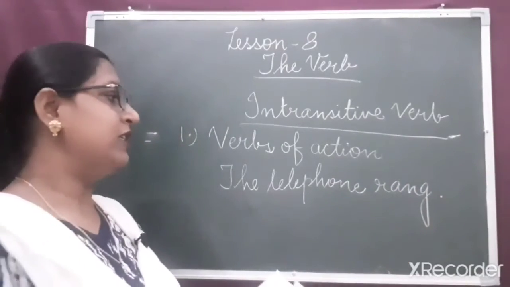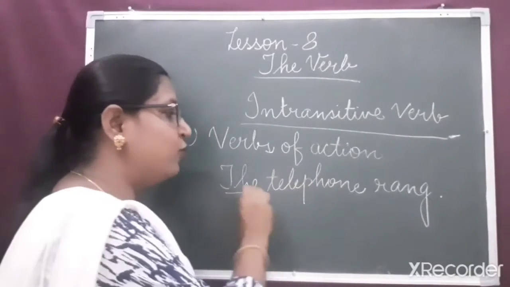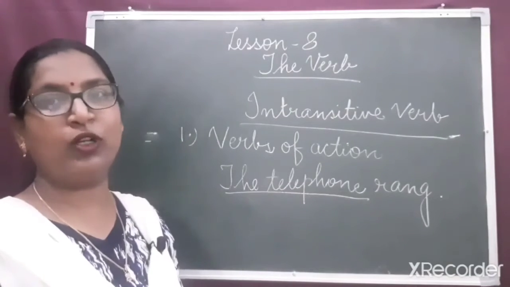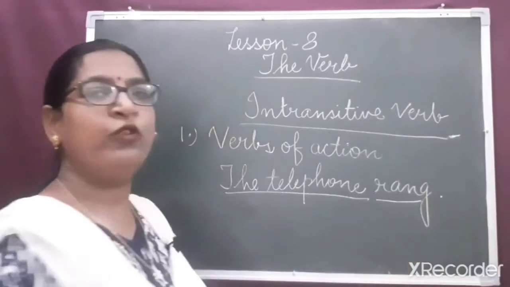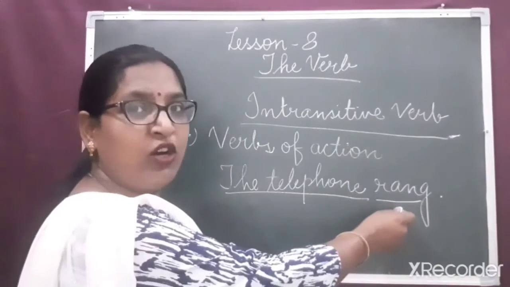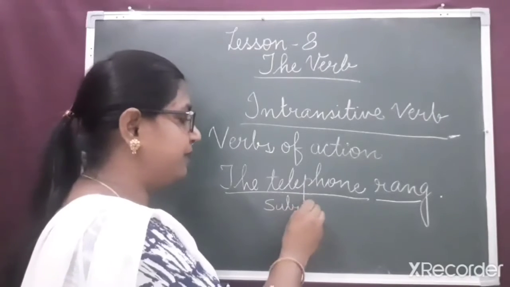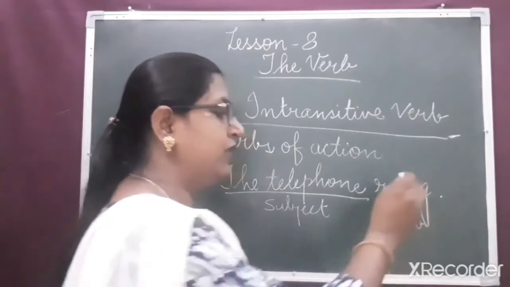What is the subject in this sentence? The telephone is the subject. And what is the verb in this sentence? Rang is the verb which expresses the action of ringing. This is the subject and rang is the verb.